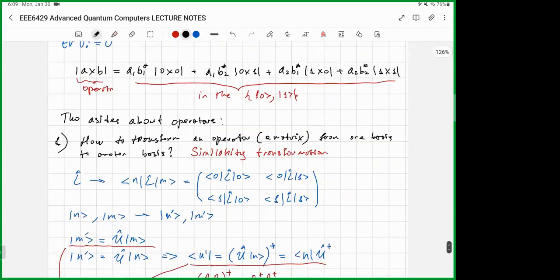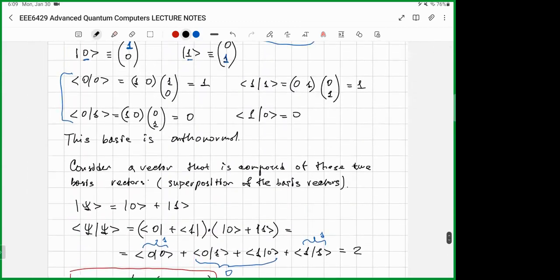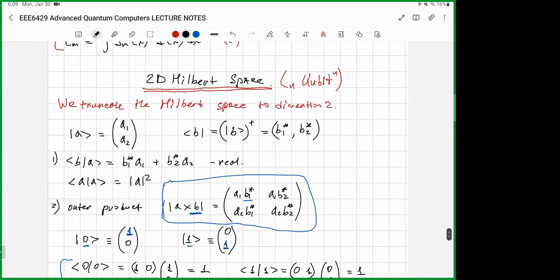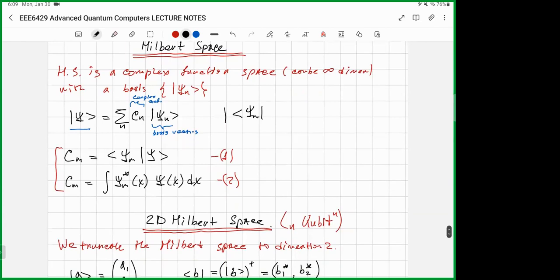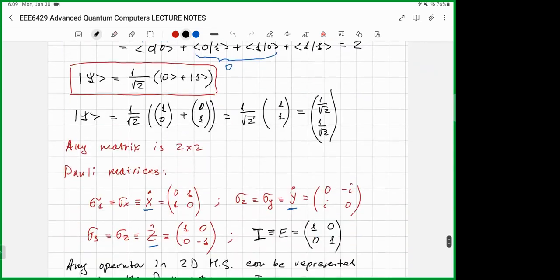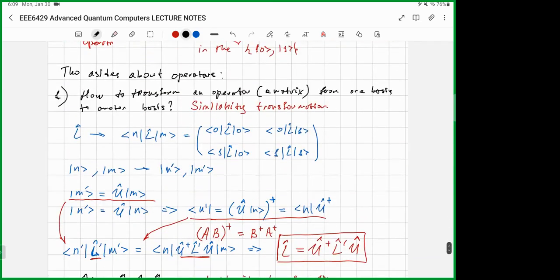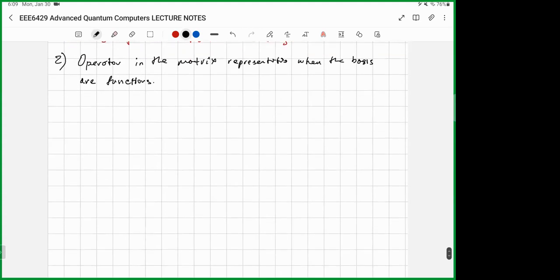We discussed that these Bra-Ket notations include the option that these vectors are functions. So what if these vectors are functions? How do we write the matrix in this function vector space?